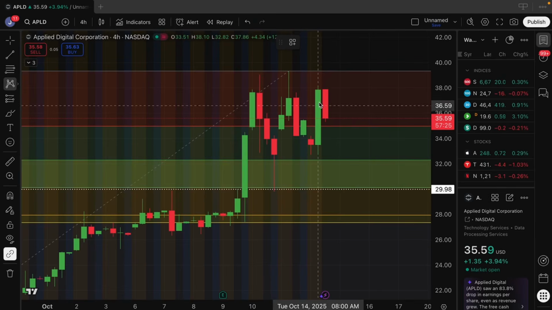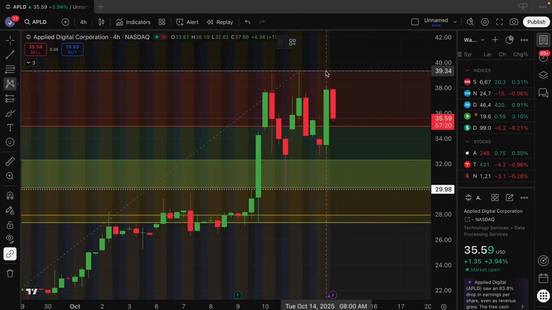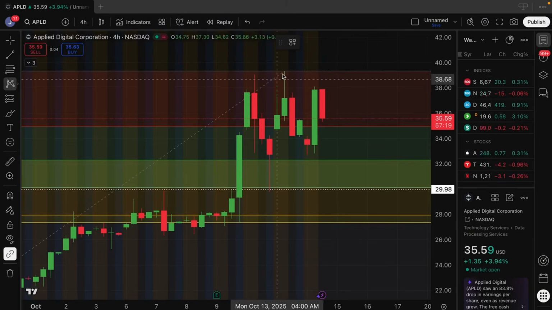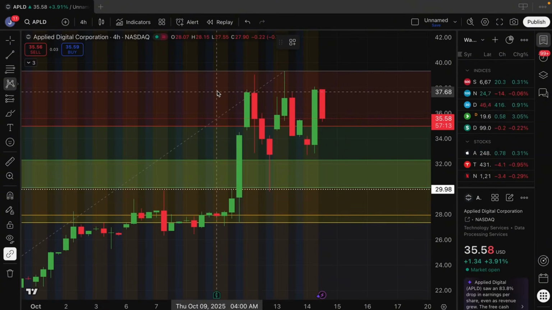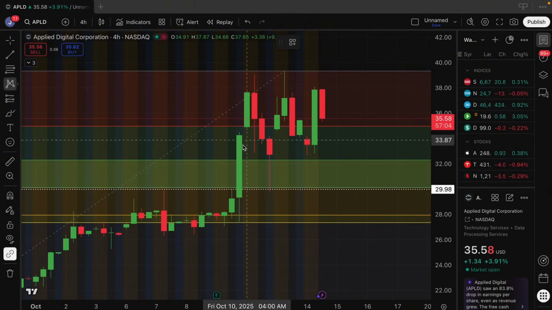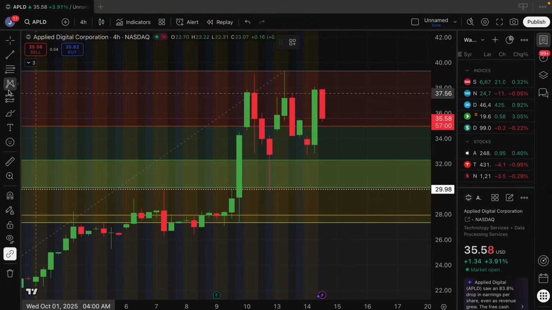Initially, we were looking to see if it would come back up to around this $39 where there was a little resistance. But if we didn't get all the way back up here, we were looking for some more resistance that would act as a triple top, not in full, more of a resistance play, but it still gave us the same outcome that a triple top would give us.